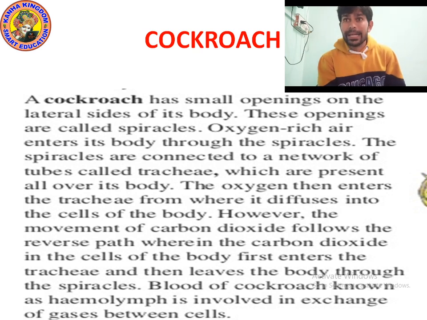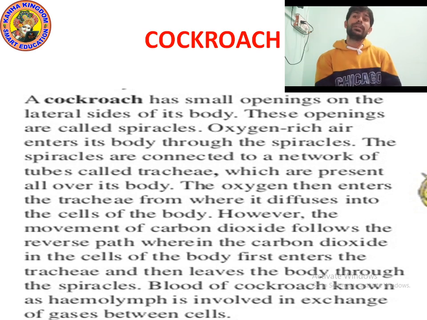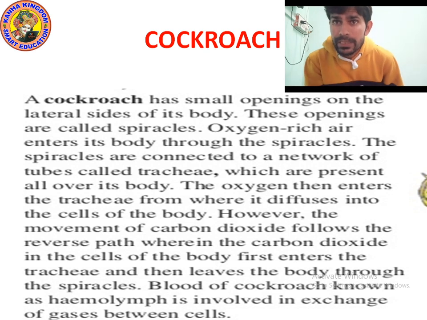The oxygen then enters the trachea, from where it diffuses into the cells of the body. However, the movement of carbon dioxide follows the reverse path, wherein the carbon dioxide in the cells first enters the trachea and then leaves the body through the spiracles. Blood of the cockroach, known as hemolymph, is involved in exchange of gas between cells.